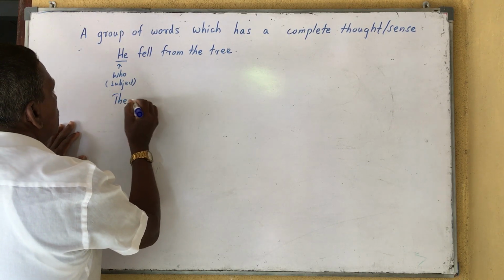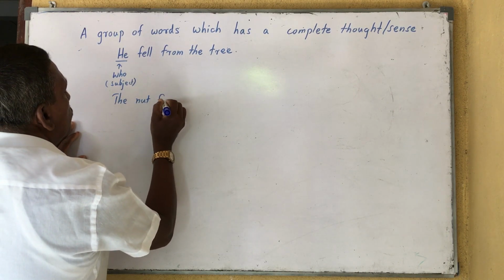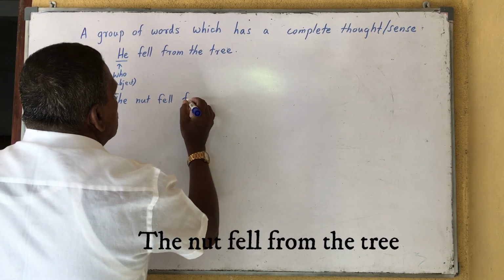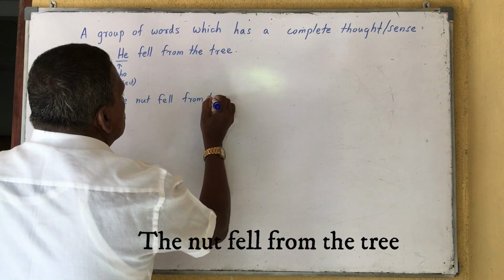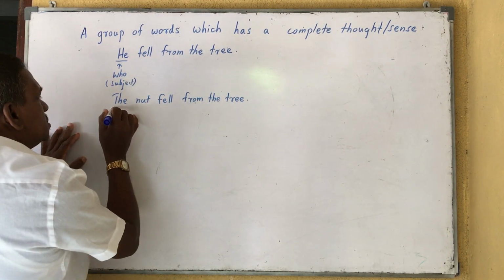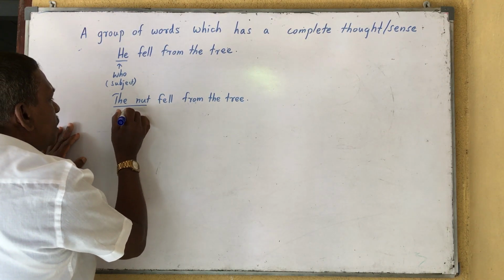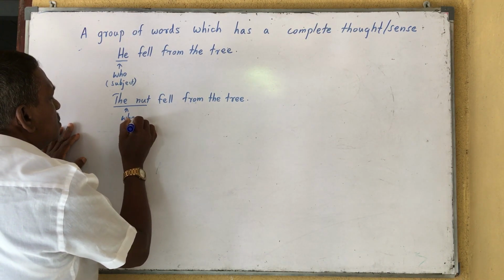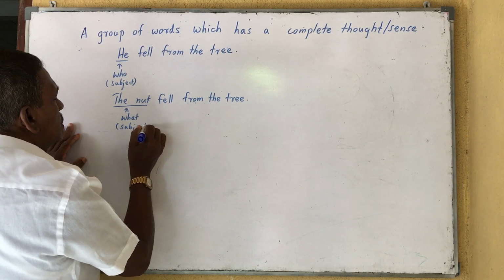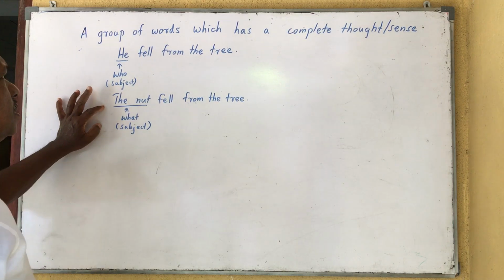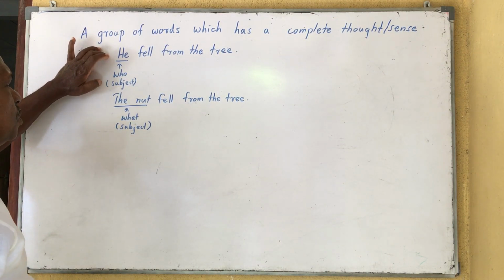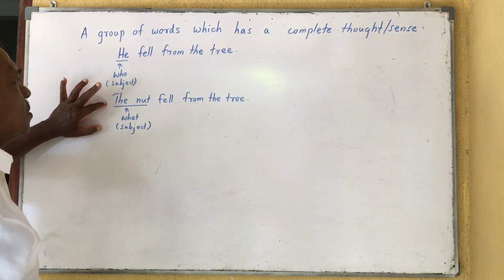The nut fell from the tree. Here, the subject is the what word? So, here the subject is the nut. Then it is clear subject of a sentence is who or what word.